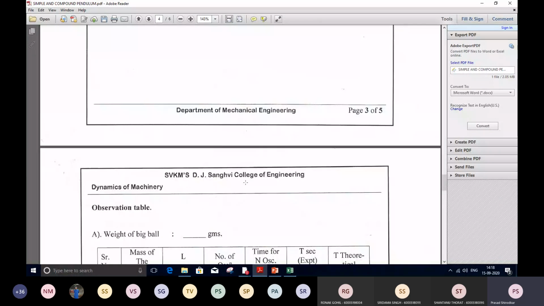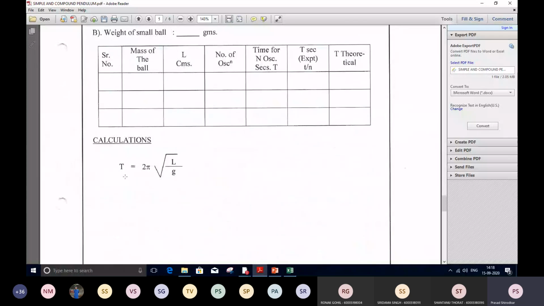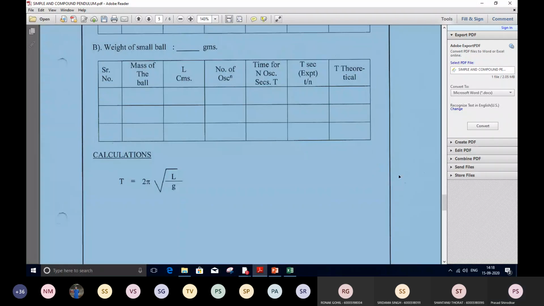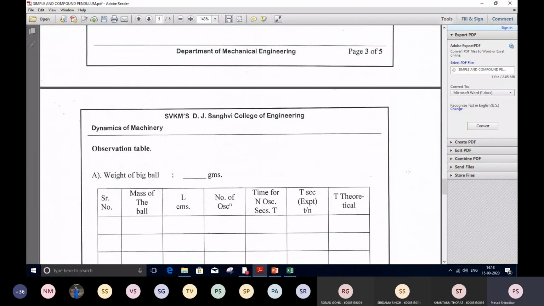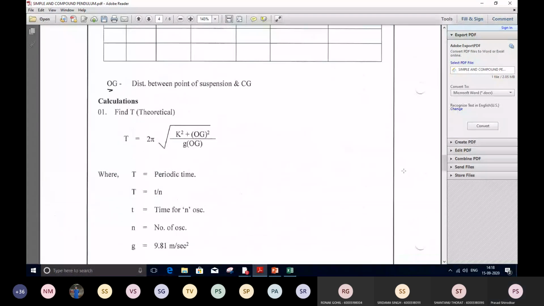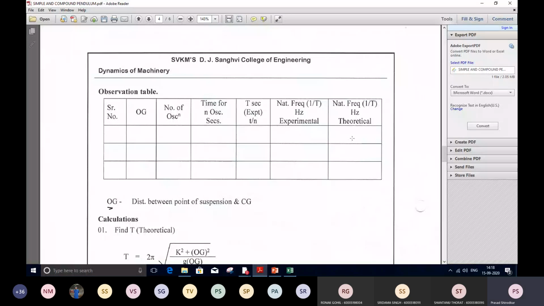Okay. Now for simple pendulum, the expression for time period is twice pi into root of L by g. Now for this T here, take this T from your compound pendulum. Alright, that is the theoretical time.